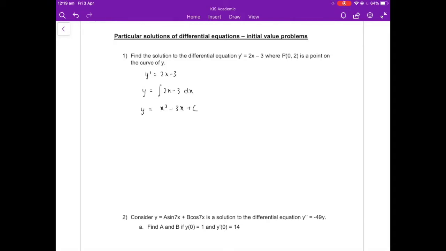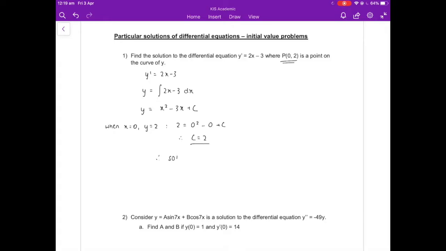Y equals the integration of 2x minus 3 dx, which is x squared minus 3x plus c. Now, we know that (0, 2) is a point. So we know that when x equals 0, y equals 2. And so we sub that in. 2 equals 0 squared minus 0 plus c. Therefore, c equals 2.